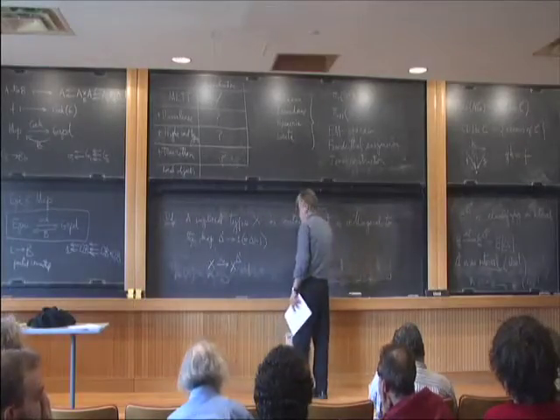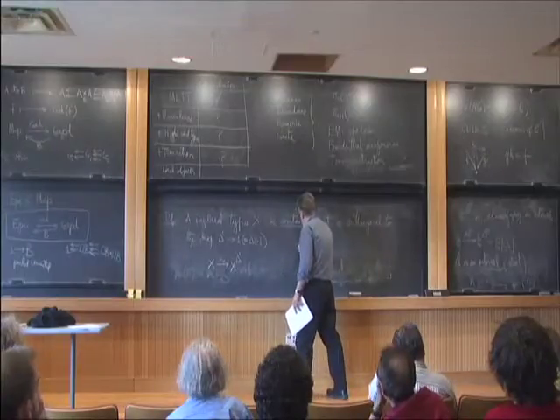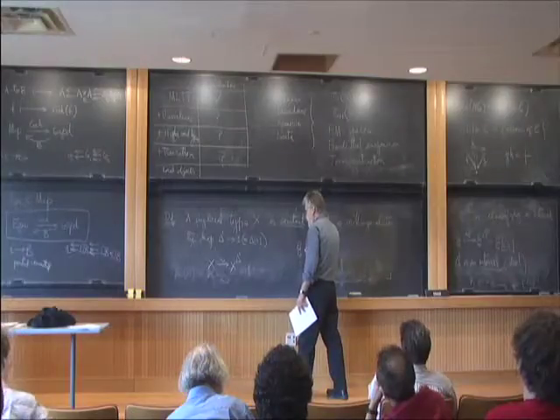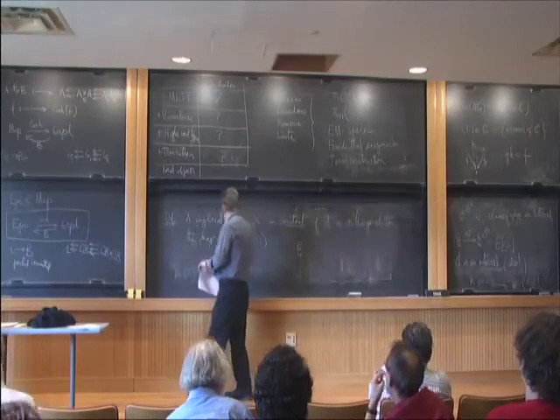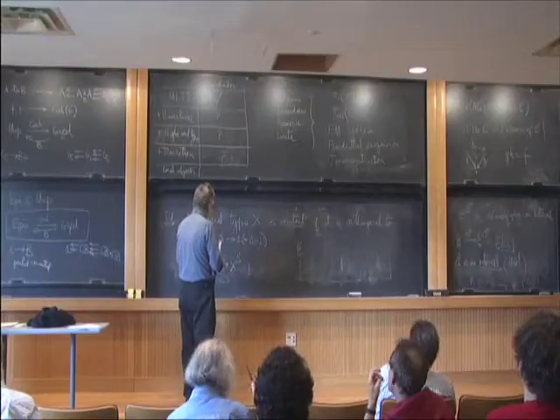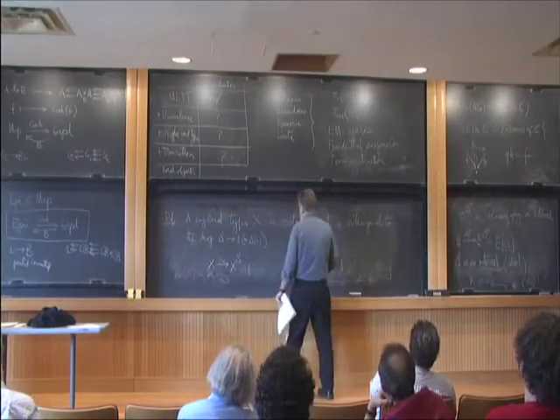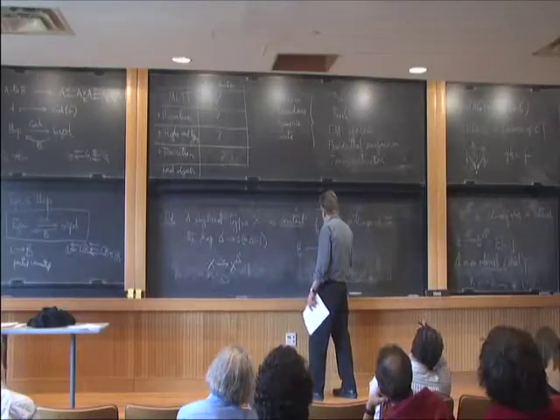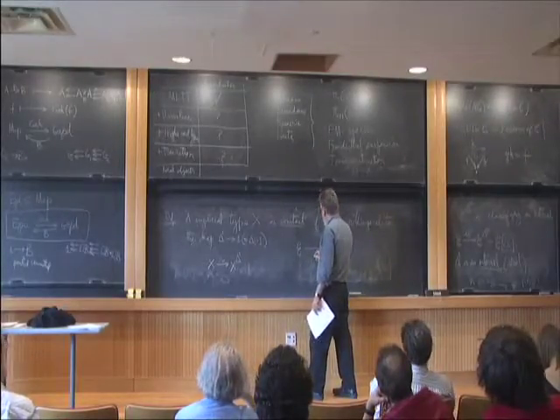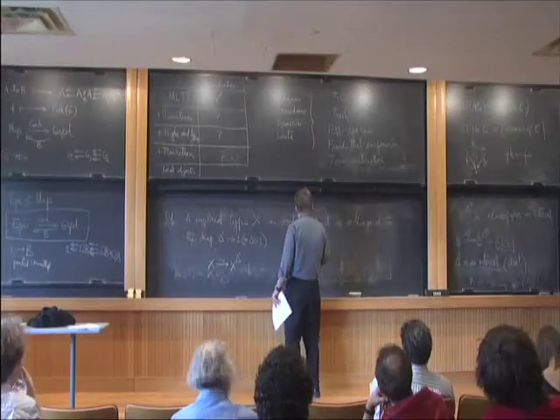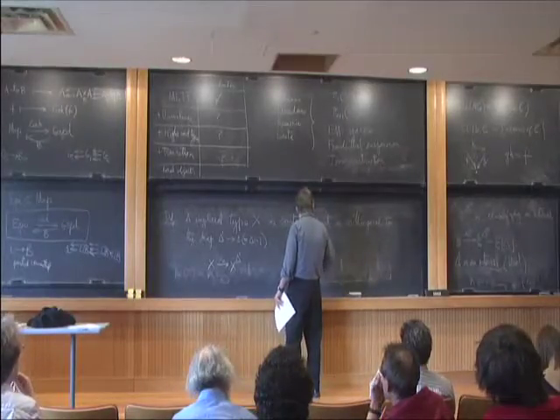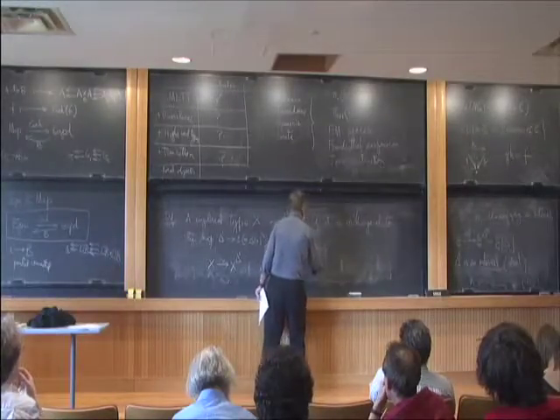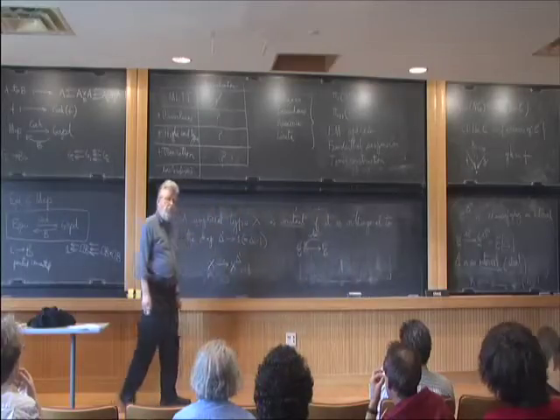And the reflection here would be like the colimit functor, I guess. The reflection would be like the colimit functor.